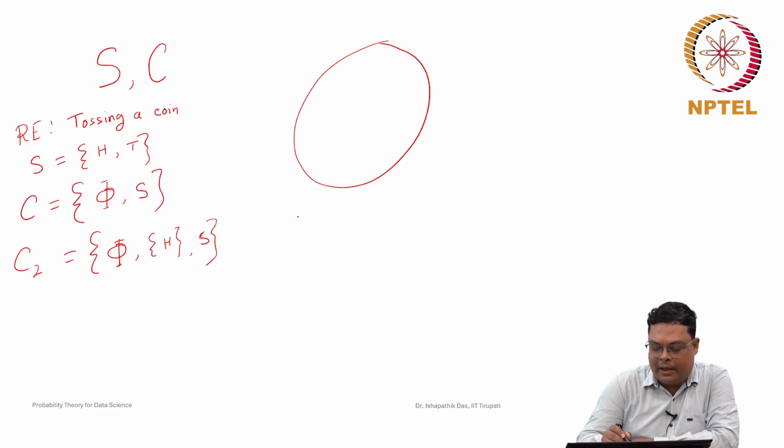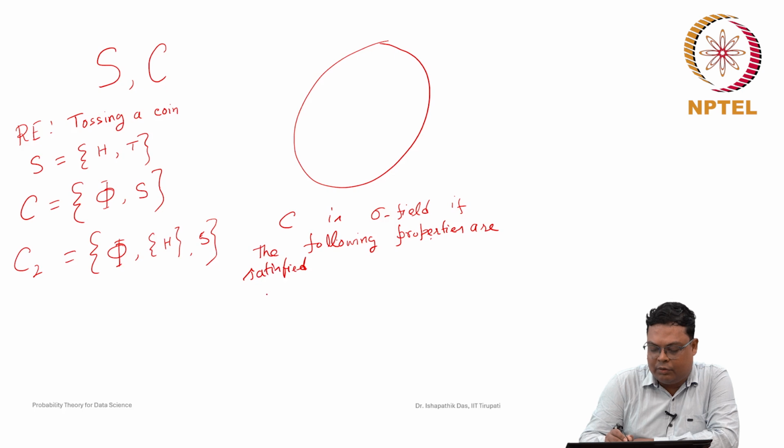So, C is a sigma field if the following conditions are satisfied. So, what are those properties?